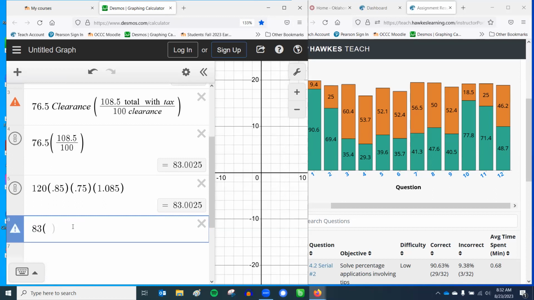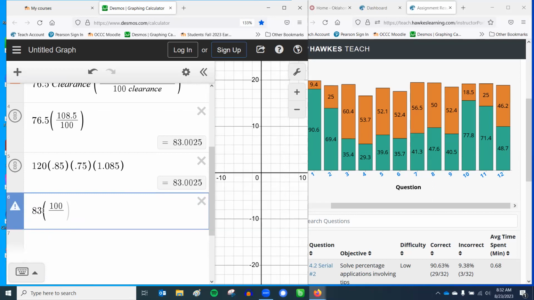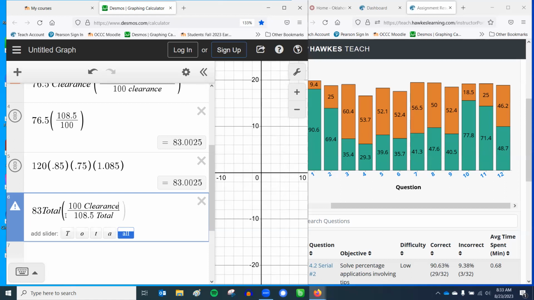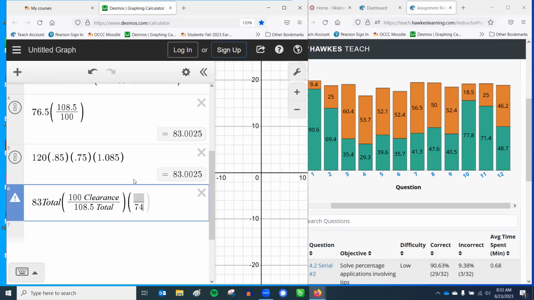So this is the total we paid, but the total had a tax in it, right? So this is total, right? And we know that for every 108.5 total dollars, we paid 100 clearance dollars, right? And for every 75 clearance dollars, we paid 100 sale dollars, right?